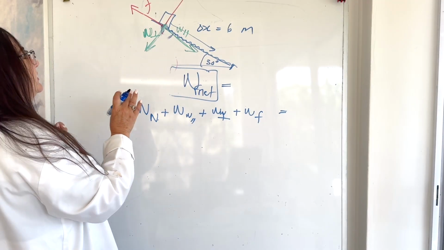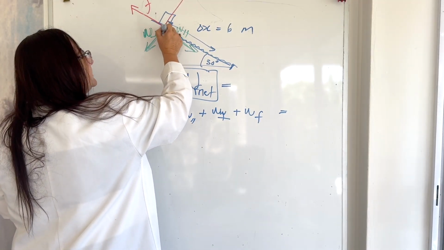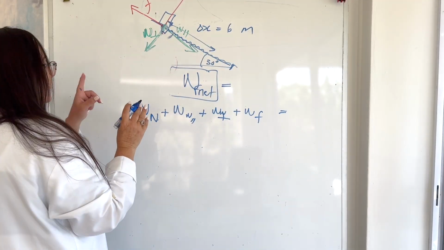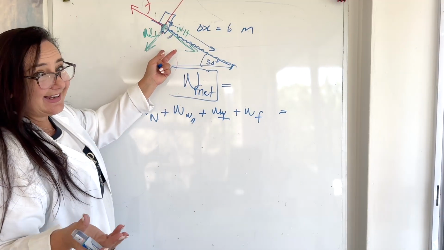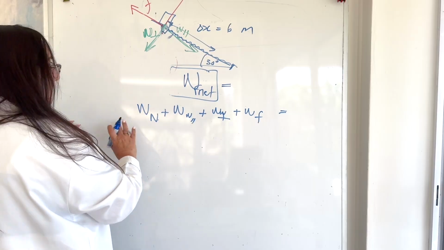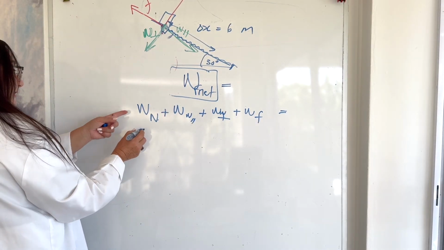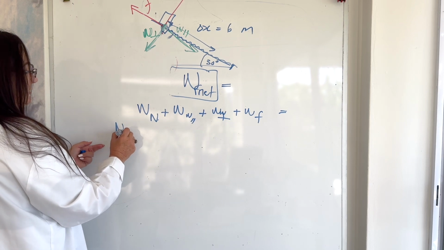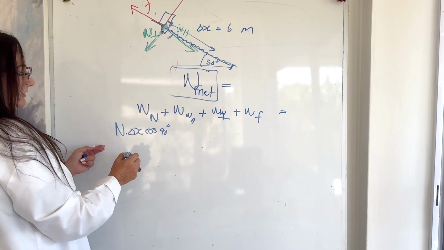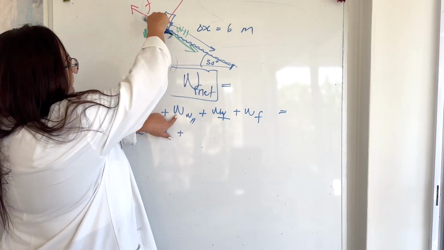Now, what do we know about a force acting at a 90-degree angle to the displacement? We know that that is going to be, in any case, zero joules. But let's first write it in. So that will be my normal force times my displacement cos 90 degrees plus parallel there.